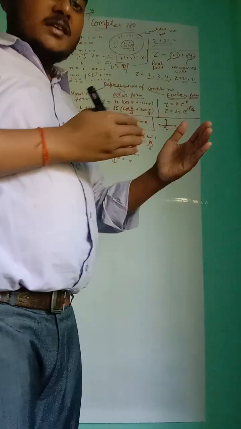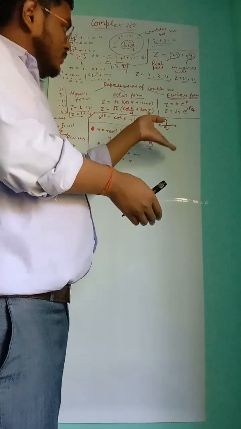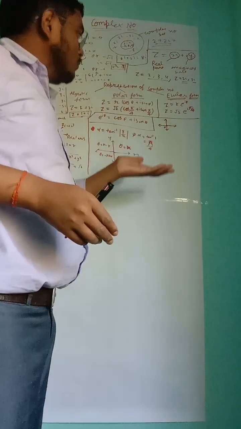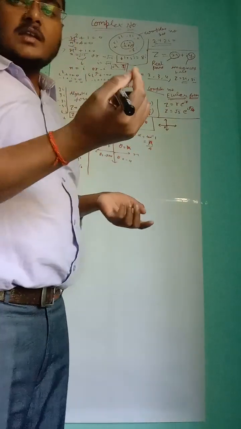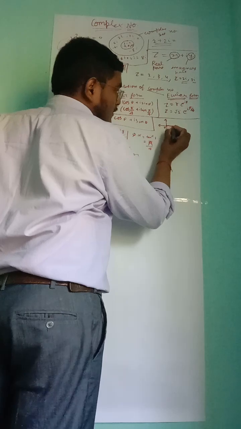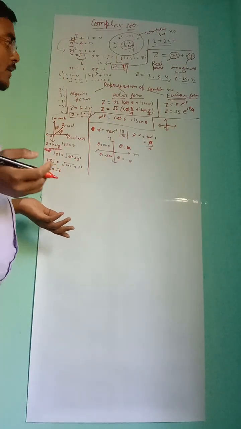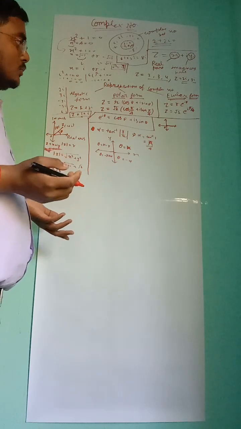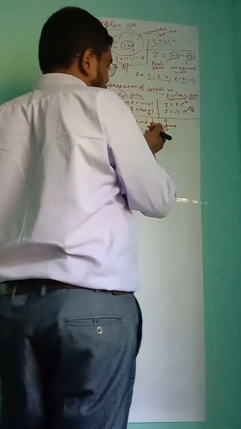If we take the distance from origin to itself, we get one single point, and between one single point and this line we do not get any angle theta. That's why we say argument is not defined.